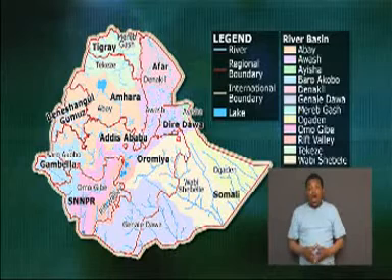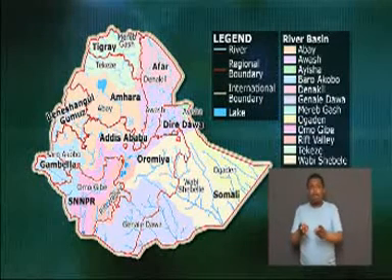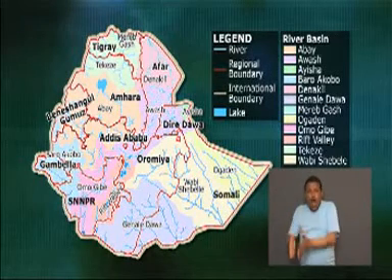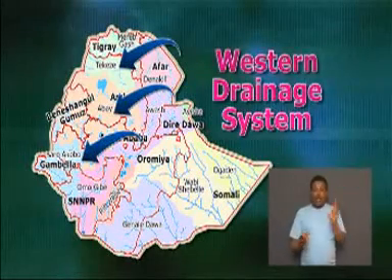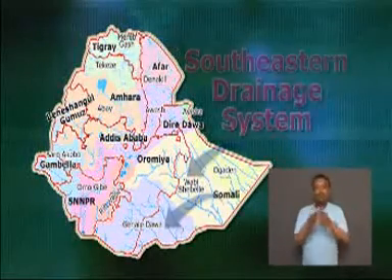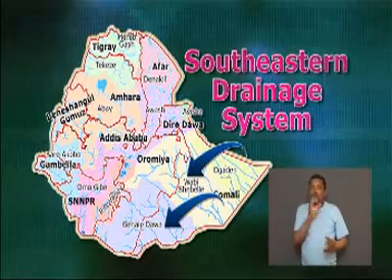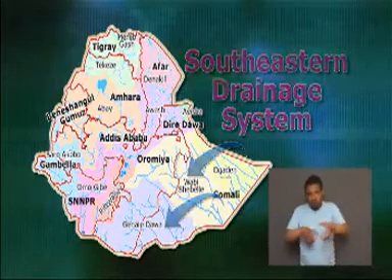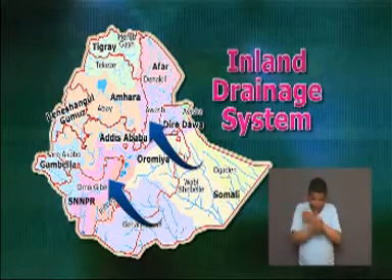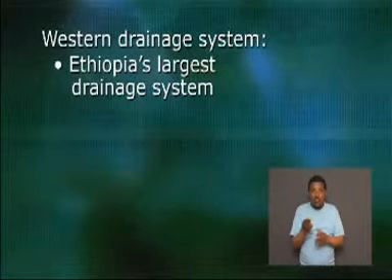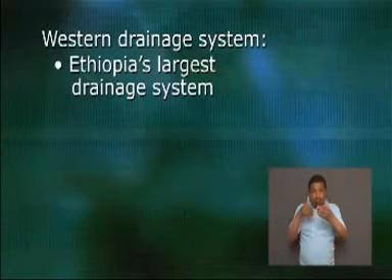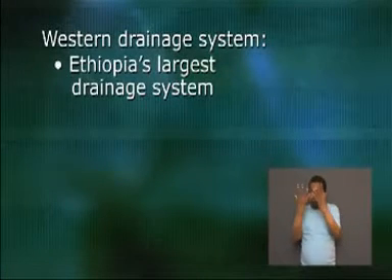Ethiopia's drainage systems can be categorized into 3 groups: the Western Drainage System, the Southeastern Drainage System, and the Inland Drainage System. The Western Drainage System is the largest, both in areal extent and water volume.